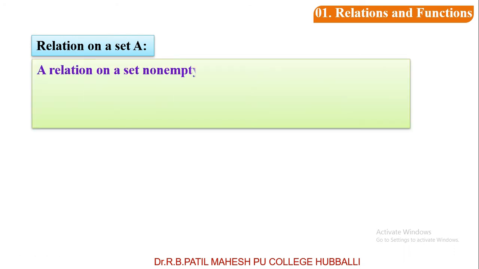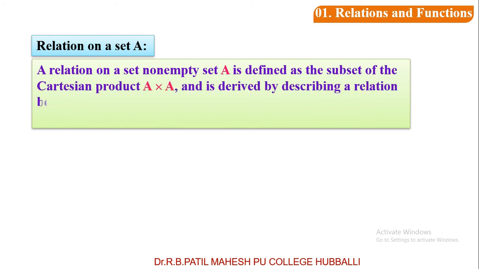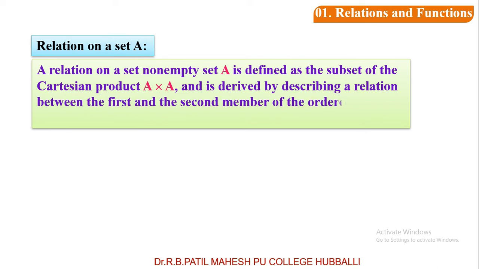Now let me take the relation on a set A, its meaning or definition. A relation on a set A, which must be a non-empty set, is defined as a subset of the Cartesian product. As I told you, a relation is a subset of the Cartesian product A cross A, because we are taking the same set, A only, so of course we should take the Cartesian product A cross A, and it is derived by describing a relation between the first and the second member of the ordered pairs.